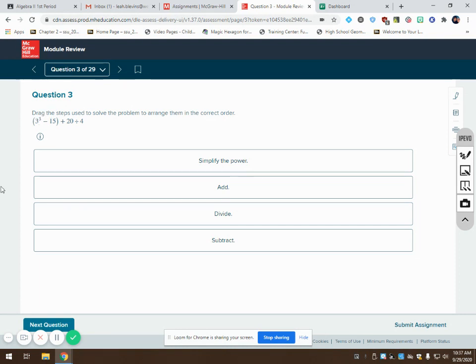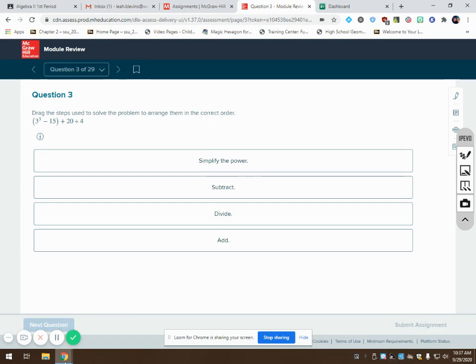Then the next thing we're going to do once we simplify that power is subtract, because that's what's inside of the parentheses. Then after I subtract, we've got to come out here and take care of this division. We've got to divide first, and then the last thing we will do is add this simplified thing to this simplified thing, and it will give us our answer. So we simplify, we subtract, we divide, and then we add.